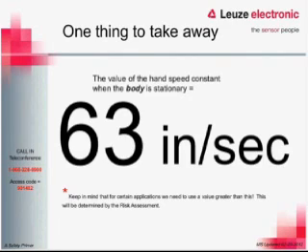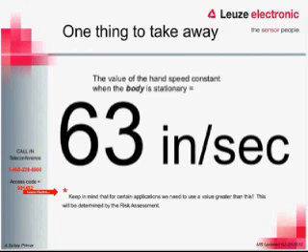So, as we said before, the standard we always need to keep in the back of our head is that 63 inches per second. That is the value of the hand speed constant when the body is stationary. That's also something we need to keep in mind, as we see here in the little star area. Sorry, I wrote it so small. For certain applications, we need to use a value greater than 63 inches per second.